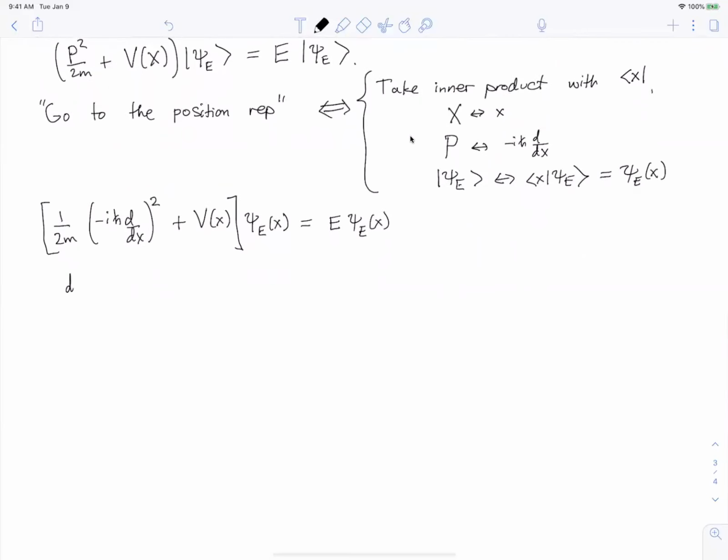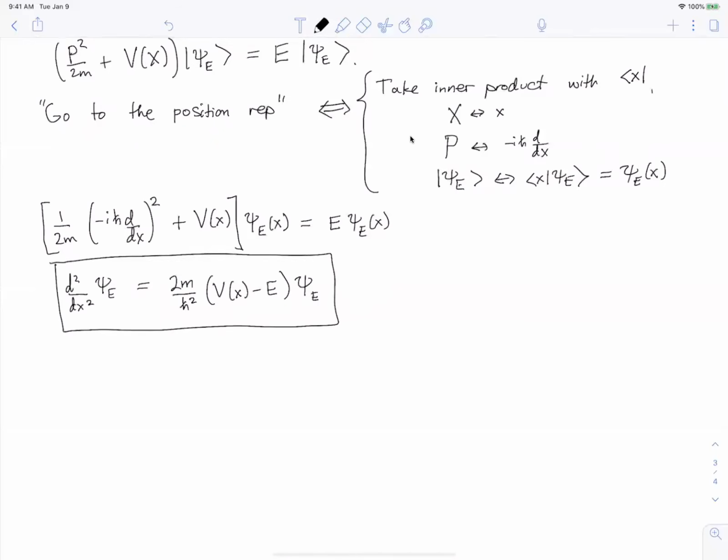So the second x derivative acting on psi_E is equal to, moving everything else to the other side of the equation, 2m over h bar squared times the potential minus the energy eigenvalue, multiplying psi_E again. Okay, so that's our differential equation that we want to solve.